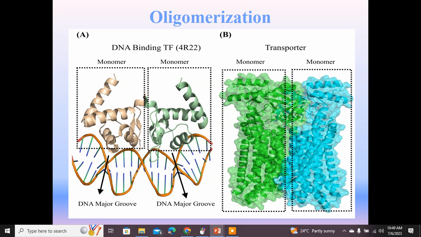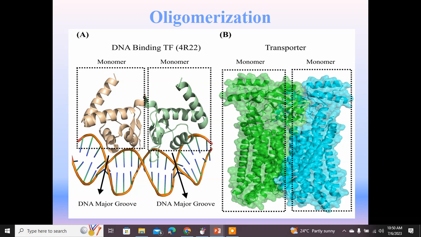And why does it recruit another copy? Because it is needed for the function. As I told you, in the case of DNA, the similar sequence is also here in this chain. So if this protein has to inhibit, let's say this sequence is a gene, if this protein has to inhibit the function of this gene by binding, the protein needs to bind both copies.